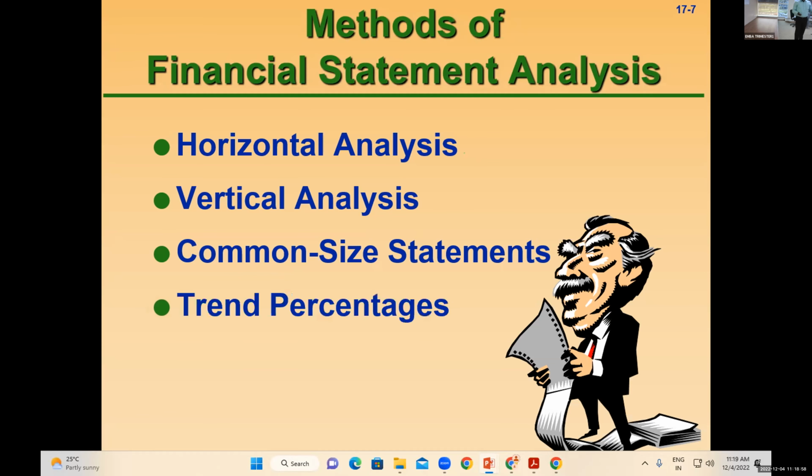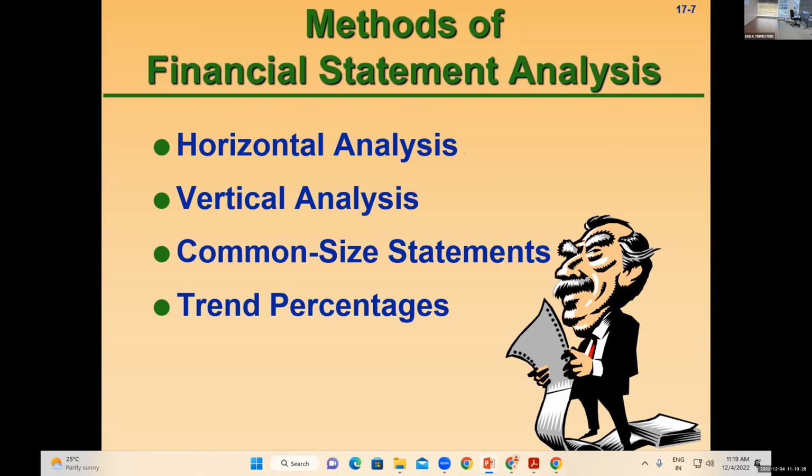Next, trend percentages, trend analysis. What was my sales in 2020? What were the sales in 2021? Now, what are the sales in 2022? Just taking one variable, you can take any variable for that, we can fit the trend. Whether the trend is an upward trend. Advertisement expenses, it is an upward trend year after year. Is it good?